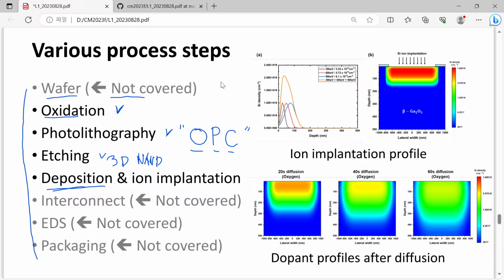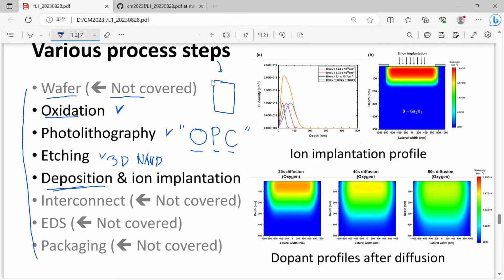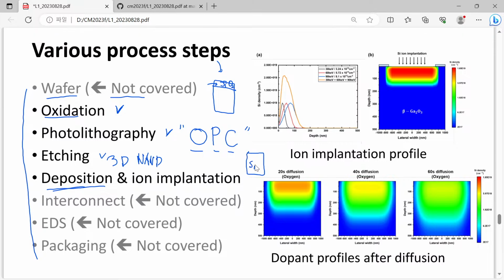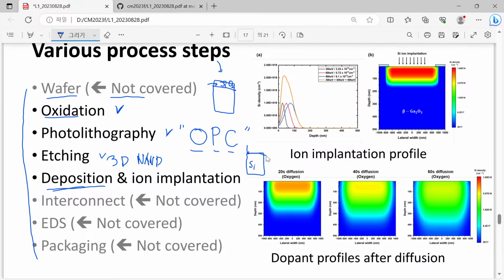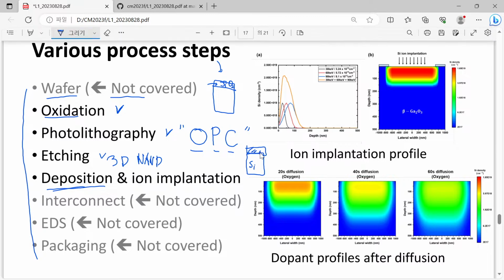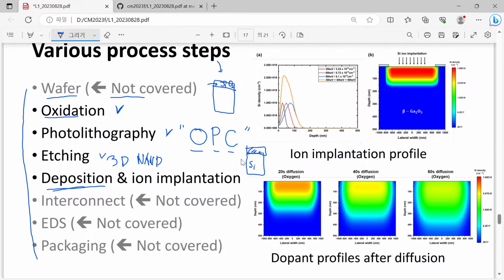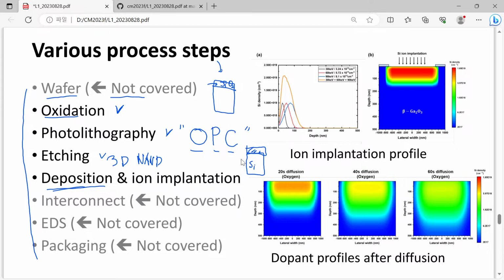Oxidation means that silicon was there, and we introduce a certain material, then convert our silicon into silicon dioxide. Deposition means that here we have silicon and we introduce new materials on it, so silicon is not consumed by deposition.